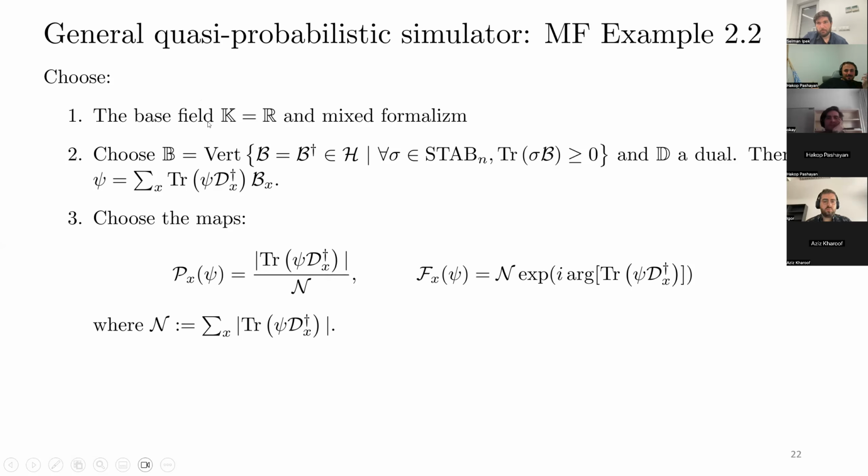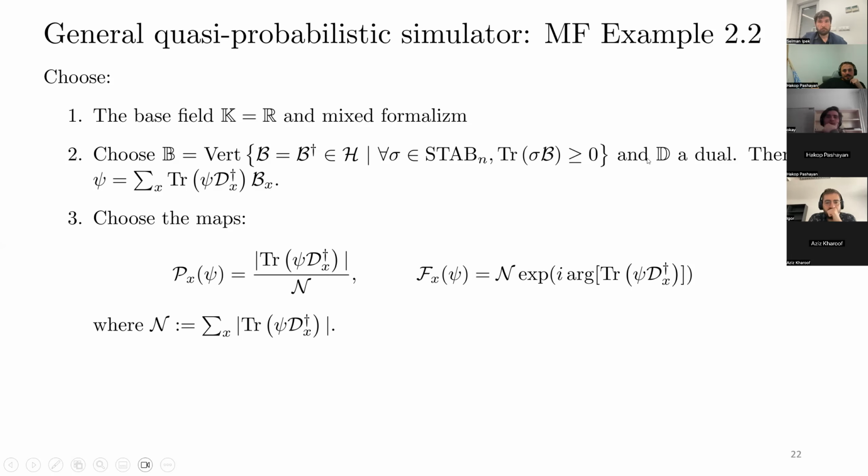Here you choose your base field to be the reals, and you define your frame operators to be the vertices of this convex set, which are the set of Hermitian operators such that for all stabilizer states sigma, the trace overlap is non-negative.